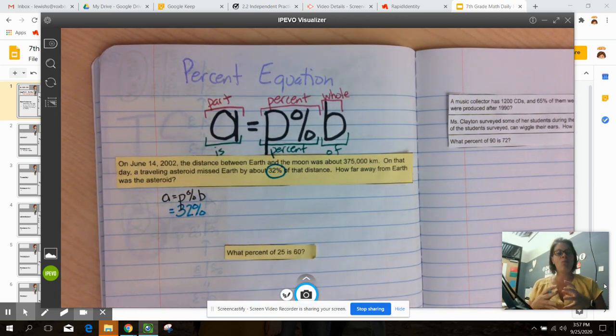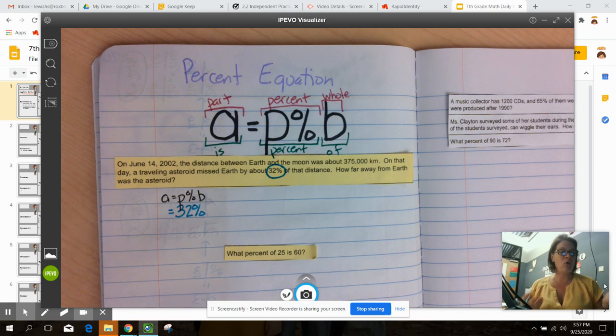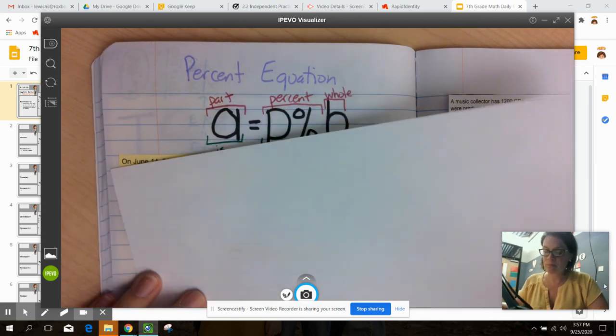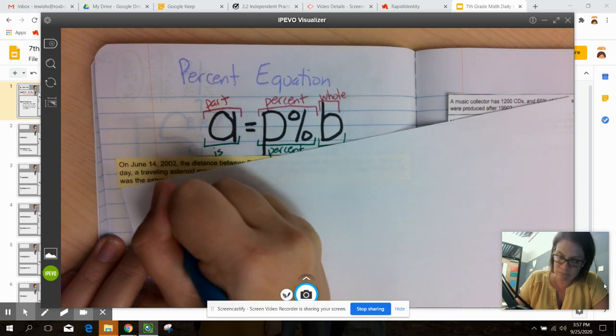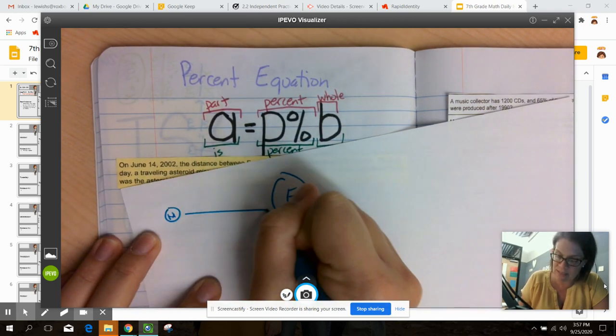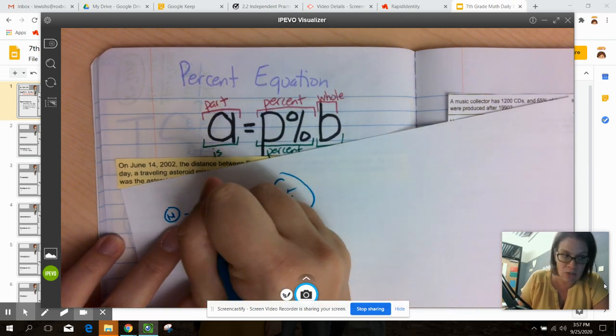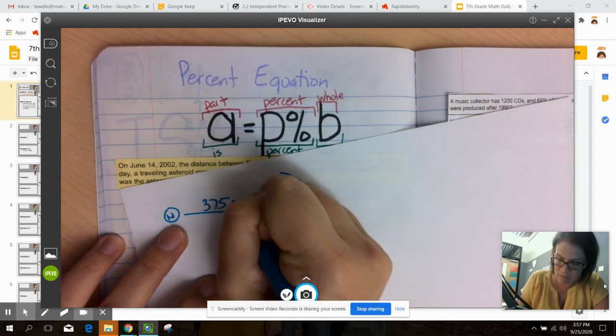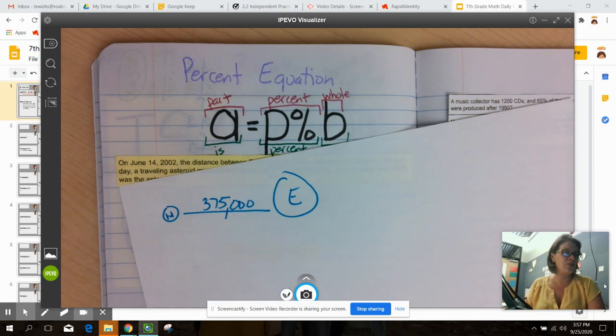Now I got to think about what else I know. Do I know the part, or do I know the whole? So we know that the distance between Earth and Moon is 375,000 kilometers. We know that this distance, the whole thing, is 375,000 kilometers.